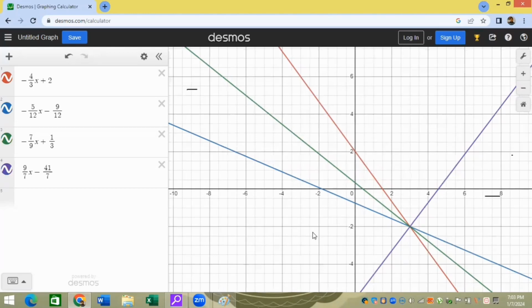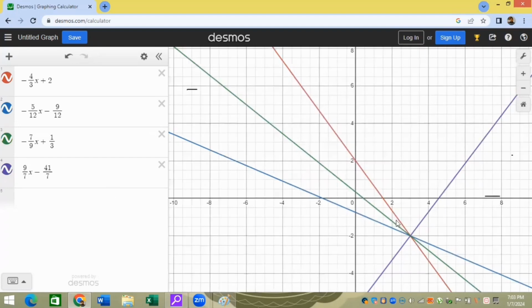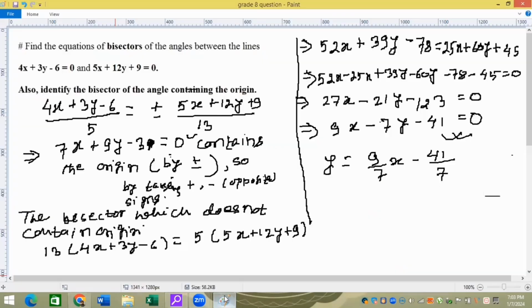That means negative negative is also the same sign. Yes, and that means that in this case, the line that we have just found doesn't contain the origin, but the line which contains the opposite sign in this case contains the origin. So this way we answer this question.